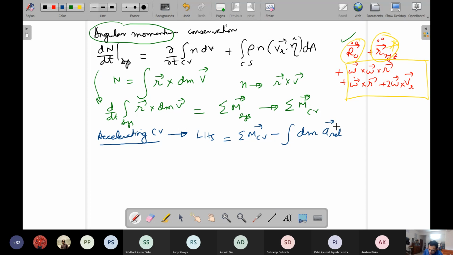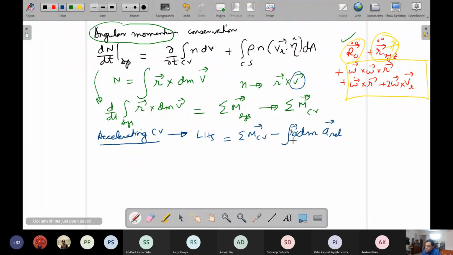So angular momentum, you can imagine as an expression where the linear momentum thing is appended with an r cross. Right? So in place of v it is r cross v. So in place of a relative it is r cross a relative.